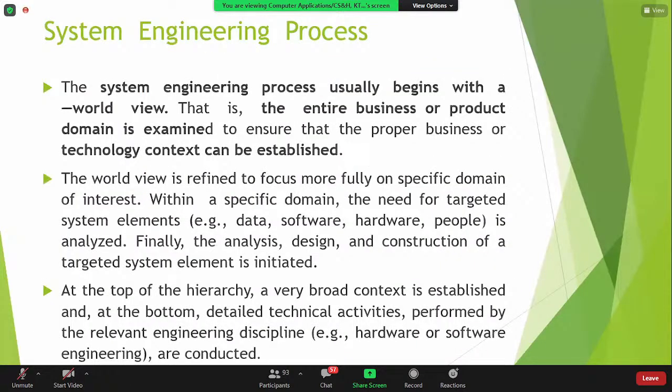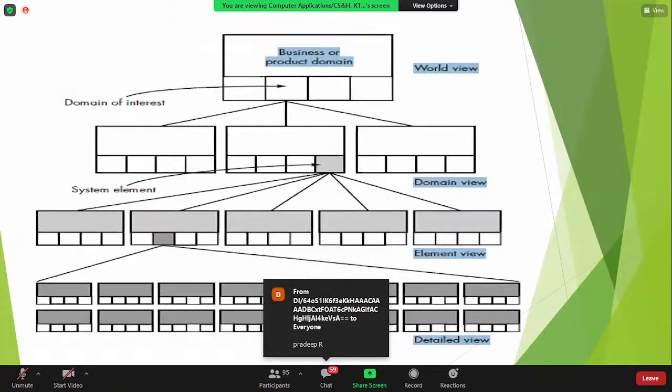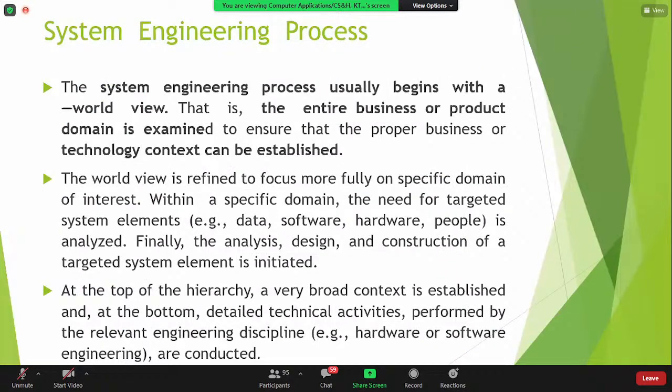A system engineering process usually begins with a world view. They are explaining totally the diagram which you have seen now. That is, the entire business or product domain is examined to ensure that proper business or technology context can be established. The entire business or product domain is examined here: what it is going to do.